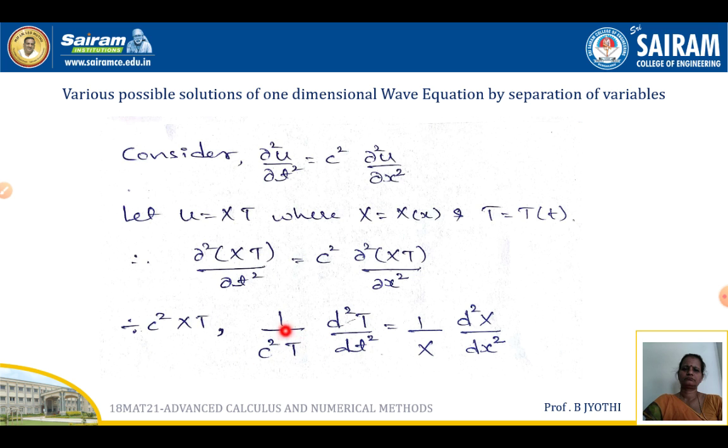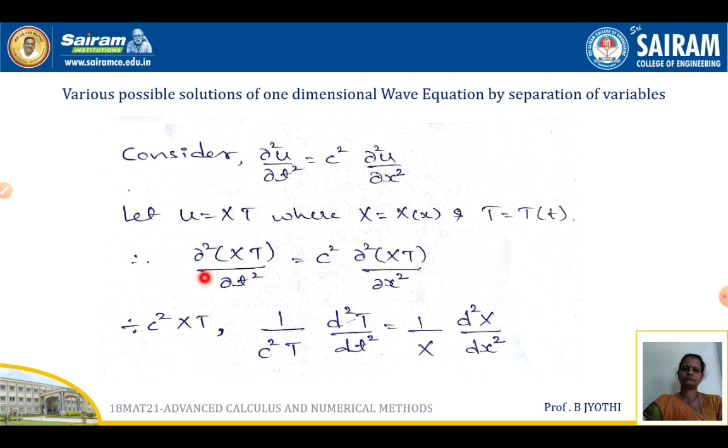Then we get 1/(c² T) d²T/dt² = (1/X) d²X/dx². On differentiation, what happens is, if we take ∂²(XT)/∂t², it is a partial derivative.